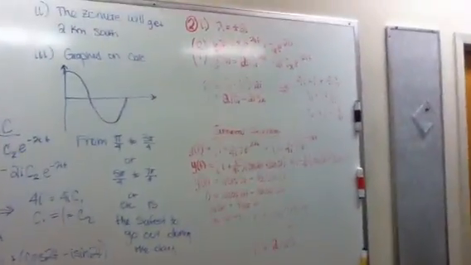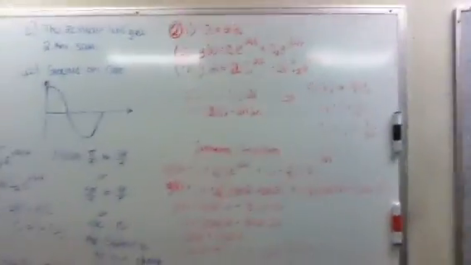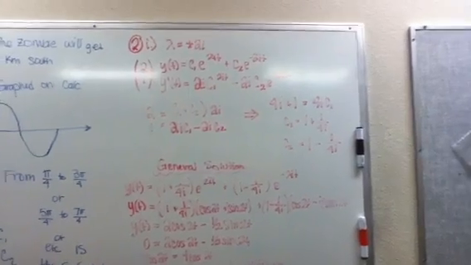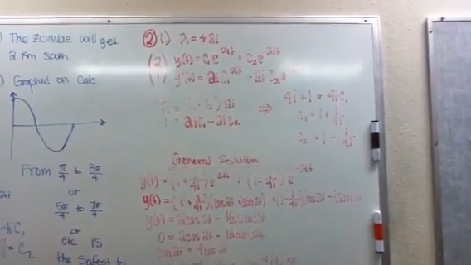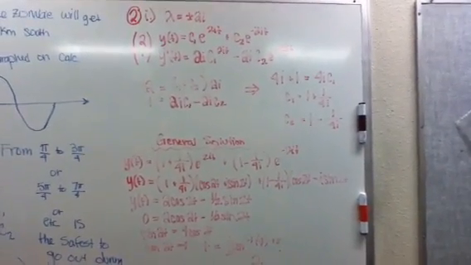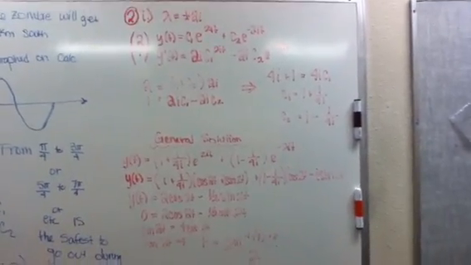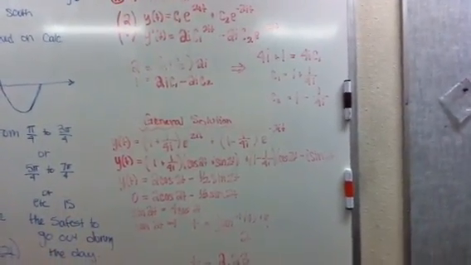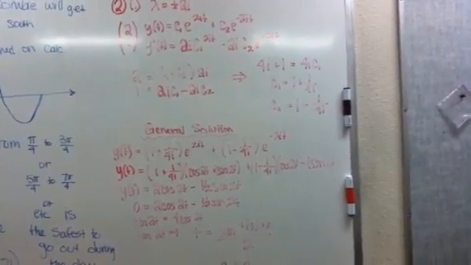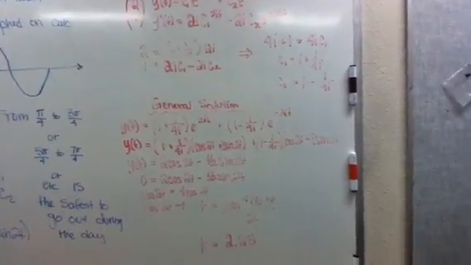And then I go to question number 2 of quiz 9, using lambda is equal to plus or minus 2i again, but now I have different initial conditions, which are 2 and 1, and I plug those into the y prime equation and the y of t equation to find c1 and c2, which now c1 is equal to 1 plus 1/(4i), and c2 is equal to 1 minus 1/(4i).